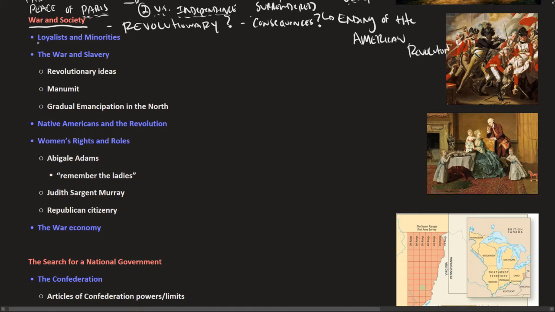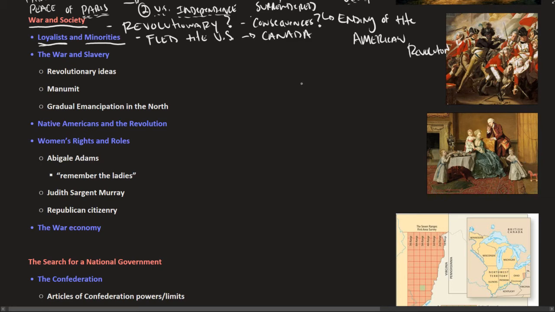For example, if we look at Loyalists in particular, maybe other minority populations, we'll talk more about that in detail, many Loyalists fled the U.S. If you were supporting the British cause, there is no doubt that you didn't want to stick around and see what happened to you after all the fighting was over. Even though the U.S. agreed that no persecution would take place, many left for places like Canada.